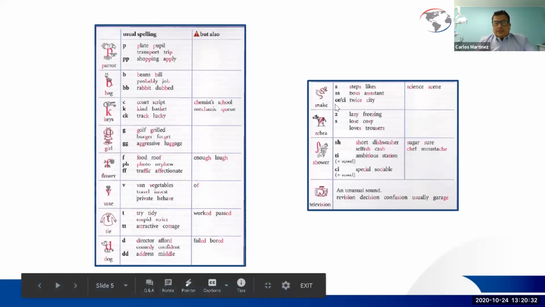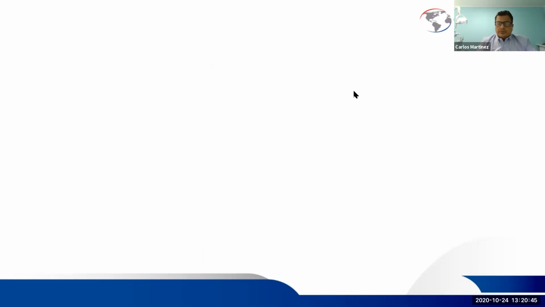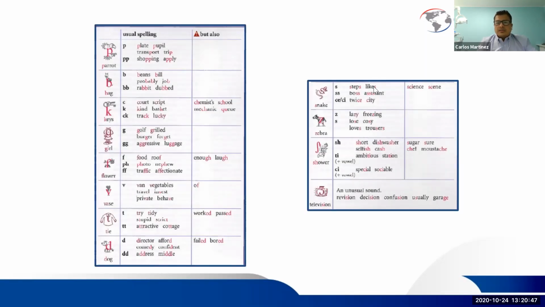Then we have the S, like in snake. It can be represented by one S, two S's, a CE or a CI. For example, steps, likes. Two S's: boss, or assistant.